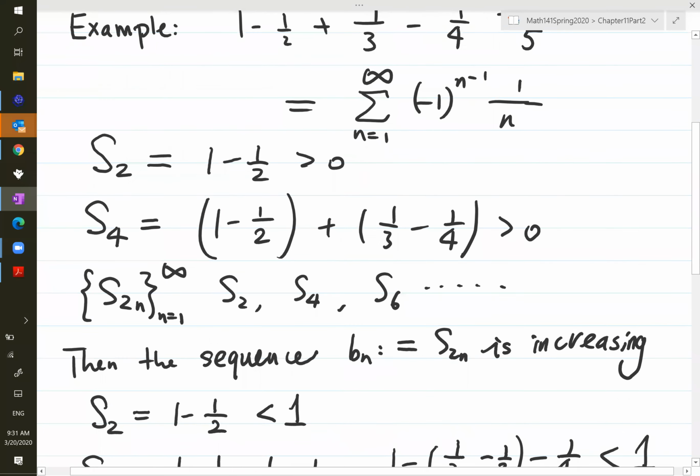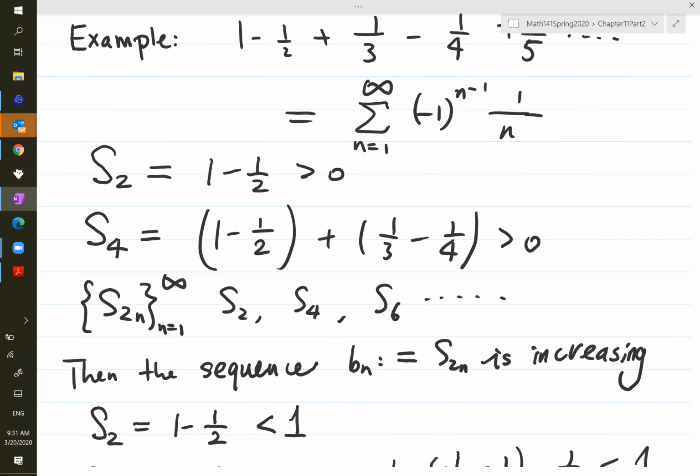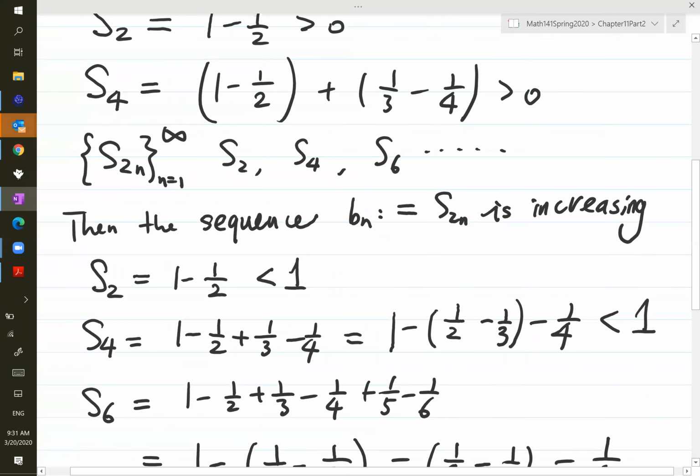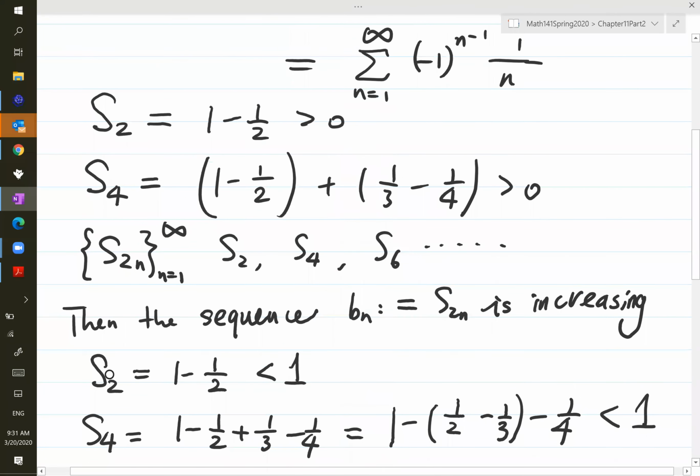We gave one example of an alternating series, which is the alternating sum of the reciprocals of integers. Last time we found that the even terms of its partial sum are increasing.